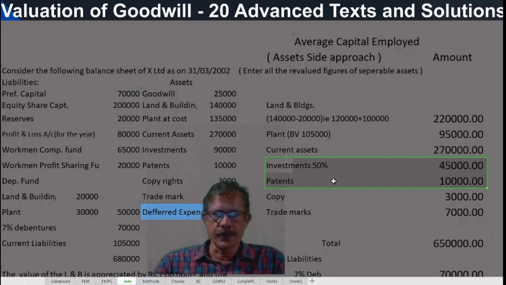Non-trade investments are not considered. Okay, learning it by heart is not good. Understand what is behind this. Why are non-trade investments not considered? Non-trade investments are not considered because we are calculating business profit.